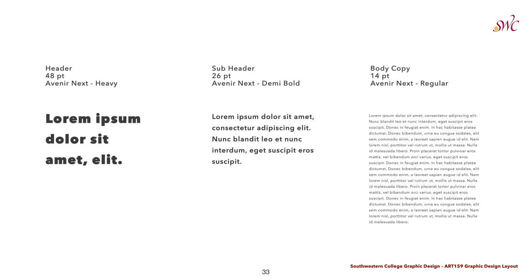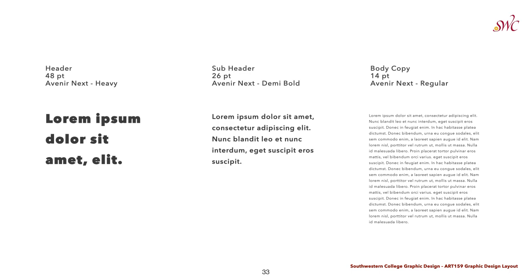This is an example here of Avenir, which we can see is very versatile and works both as a header, a subheader, and body copy. And we have different point sizes and different styles or fonts within this typeface here. Over on the left, we have a 48 point size and Avenir Next Heavy, meaning it's a much thicker version of that font.